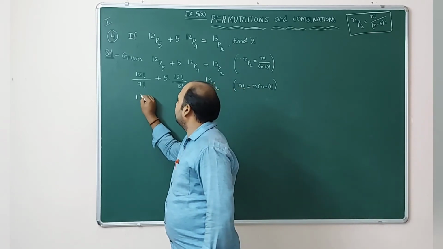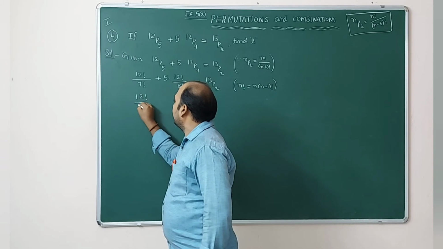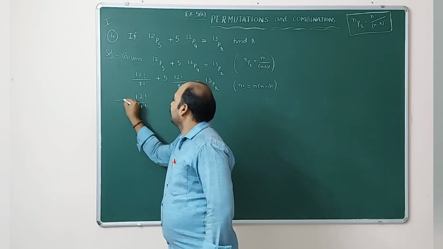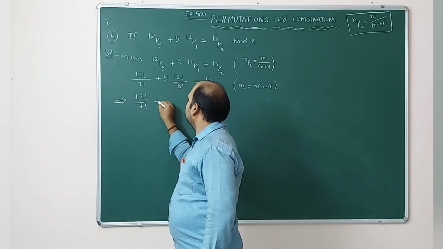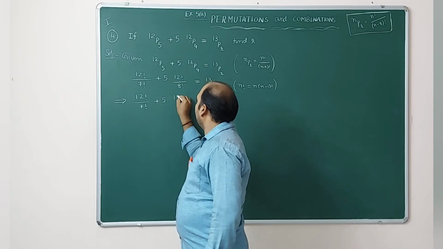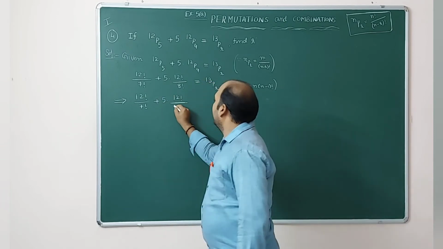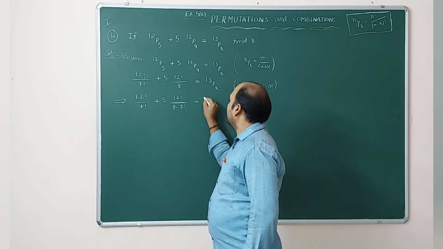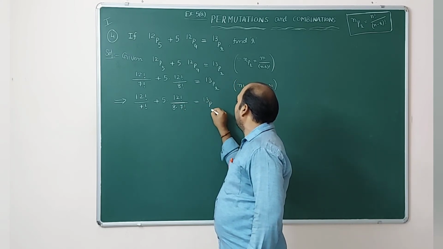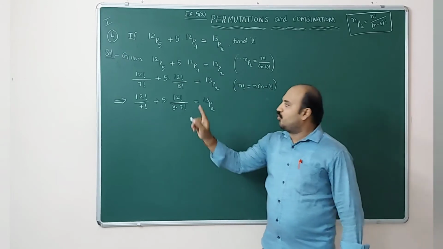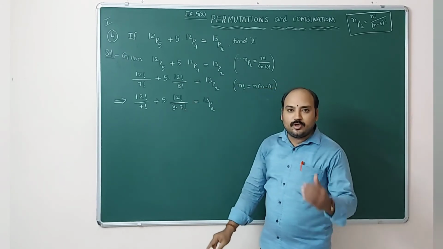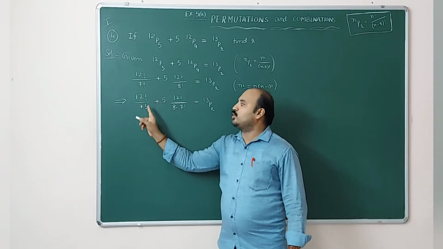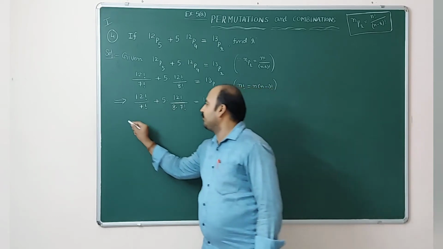So 12 factorial by 7 factorial plus 5 into 12 factorial by 8 into (8-1) factorial, that is 7 factorial, which is equal to 13Pr. From the LHS, I am going to take common 12 factorial by 7 factorial.